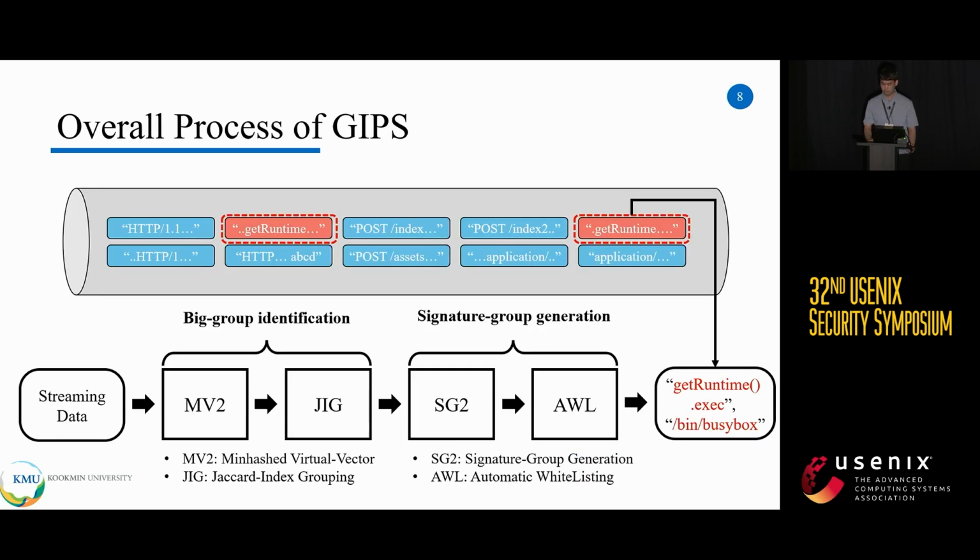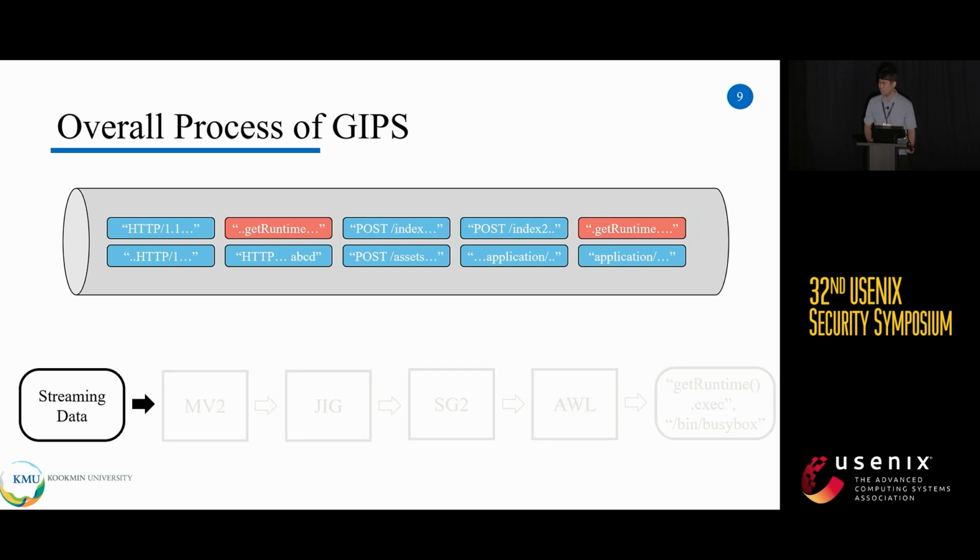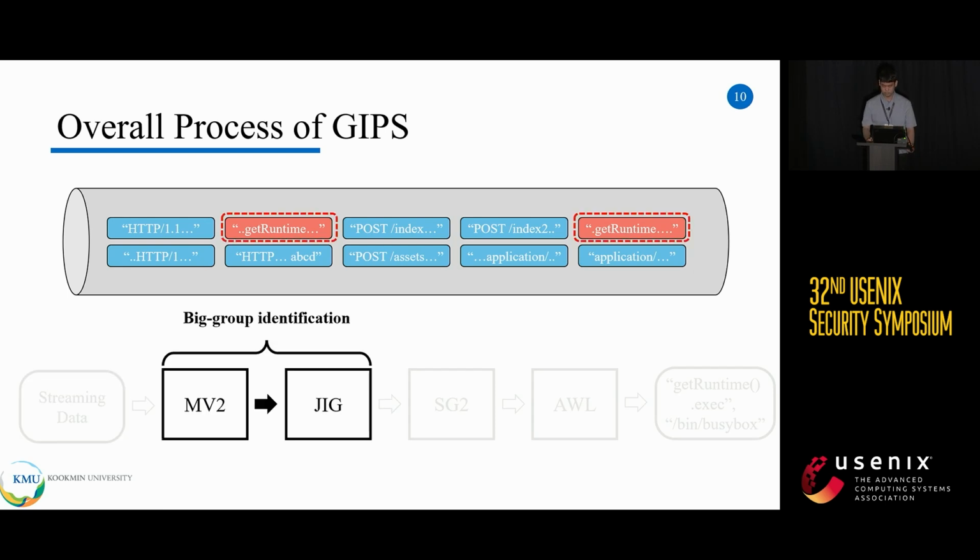Here is an overall process of GIFs that can generate signature groups with limited computing resources for streaming data. When the streaming data are continuously provided, we first identify big groups using two components called MV2 and JIG.